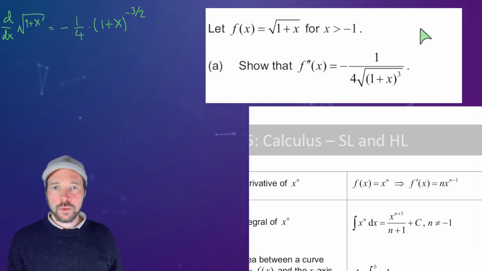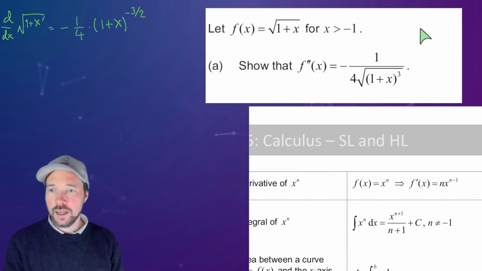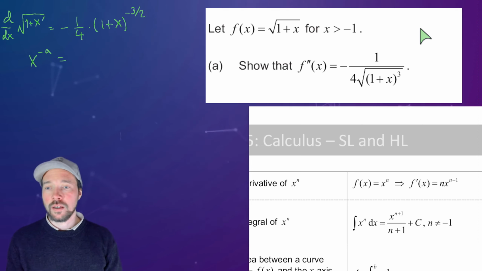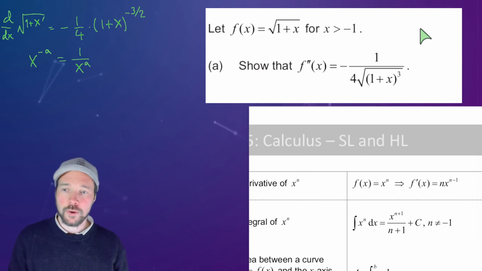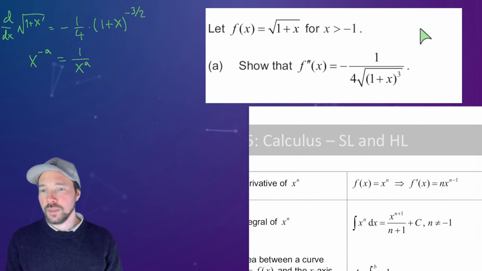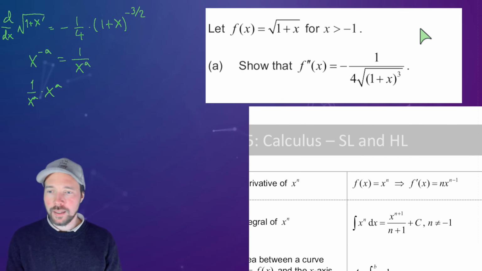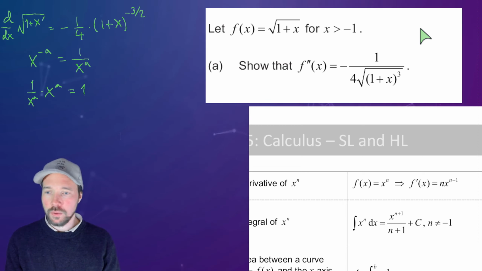Now, there's another thing we have to keep in mind here: if you have x to some negative power, or anything to some negative power, then it's the same thing as 1 divided by x to the same but positive power. Why? Because if you have 1 divided by something, then by definition when you multiply it back to this x to the power a, you get 1.